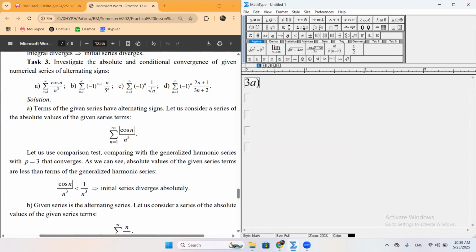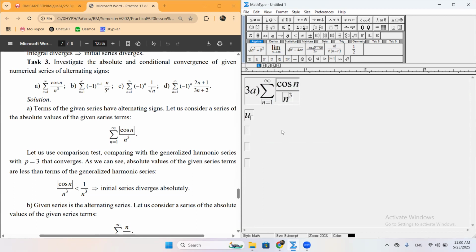So 3a, we have the following series. Before, we investigated series with only positive coefficients, and here we have a series with coefficients that change the sign. So let's check this series.